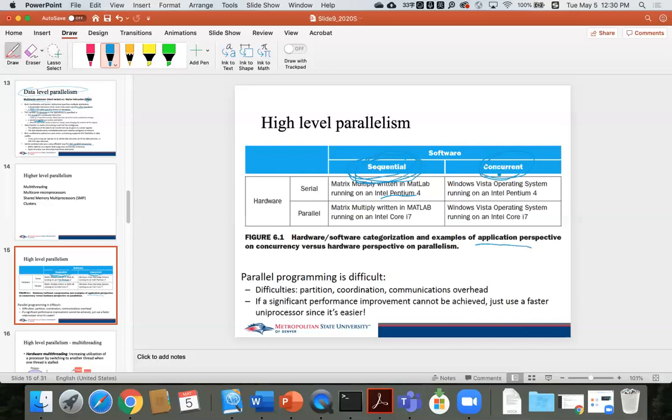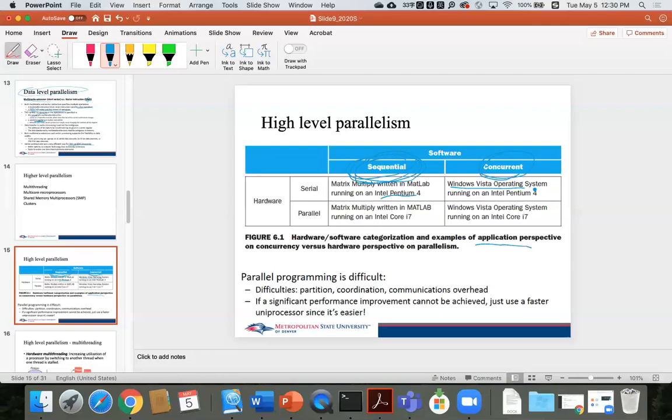But what is concurrent? For example, your operating system, which you are using every day. Right now I'm using my Zoom application and my operating system. I may be playing music at the same time, and I may be using PowerPoint, Microsoft applications. My operating system does not need to be active all the time, right?